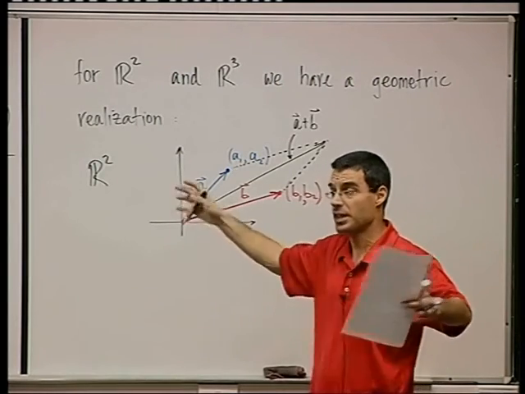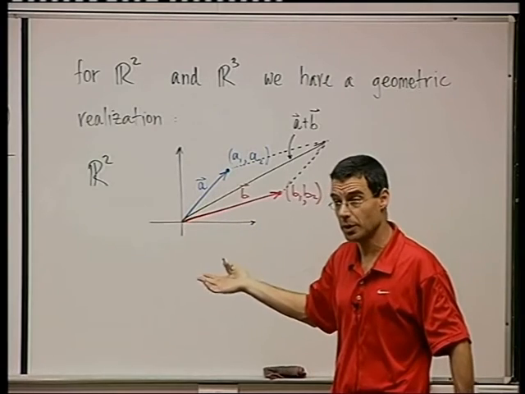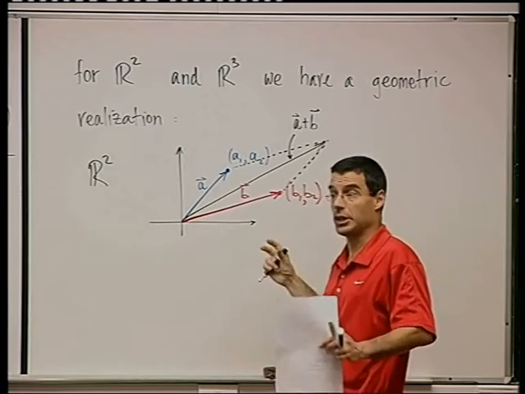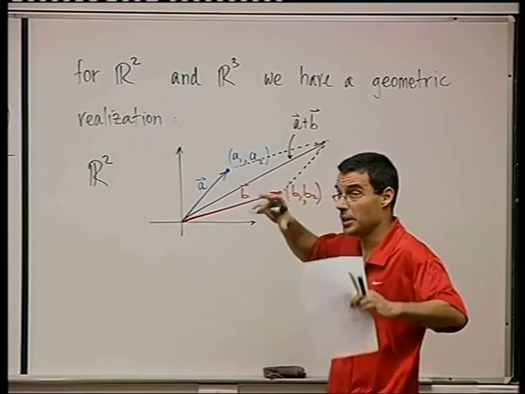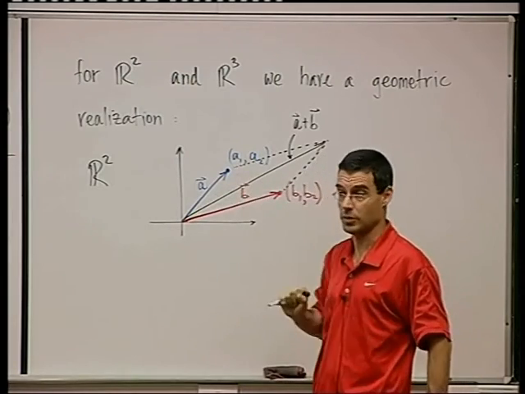And the rest of the examples of vector spaces that we're going to discuss are not necessarily going to have these properties, and therefore we're not including them in the properties we're trying to isolate and identify. Okay?